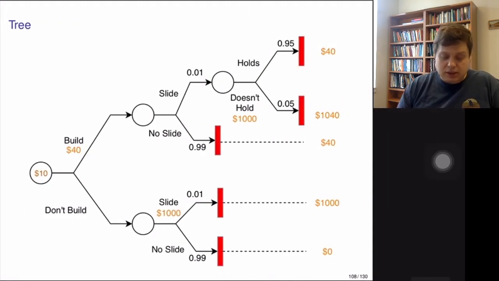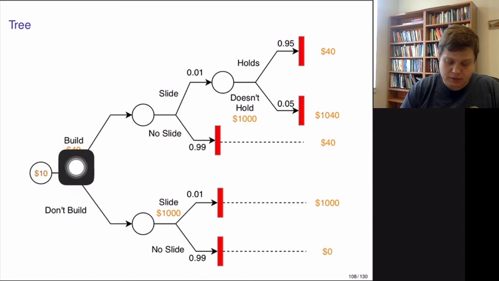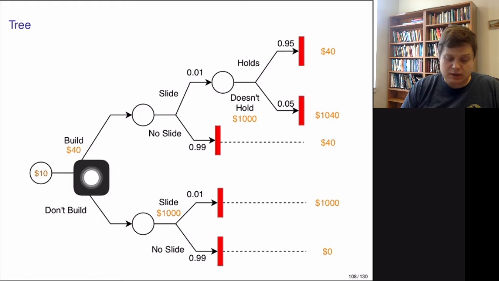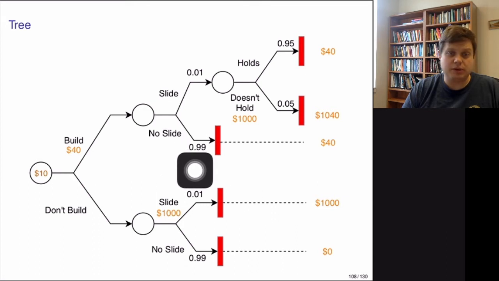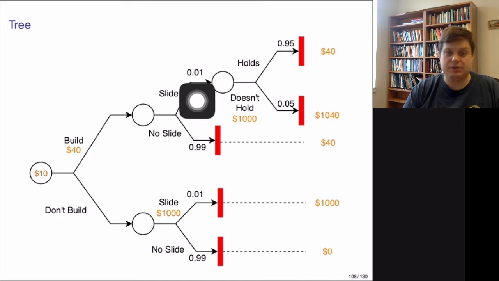Okay, so let's look at our potential decisions. So we have two choices: to build the wall or not to build the wall. And we know that building a wall costs $40,000. And if we do build the wall, then a slide might happen or no slide happens, and we know the probabilities of those two events. They were given to us, 1% chance that a slide happens.